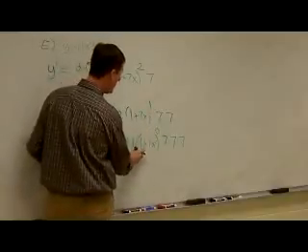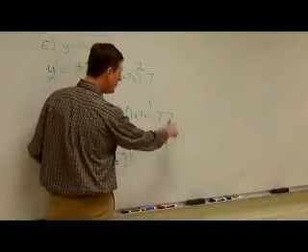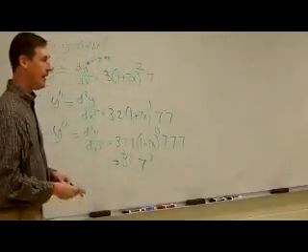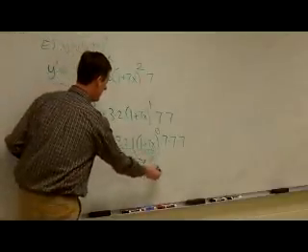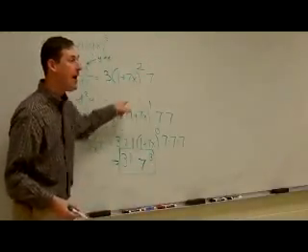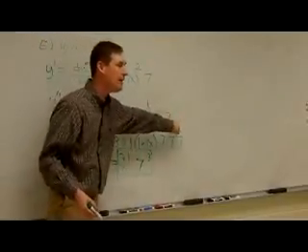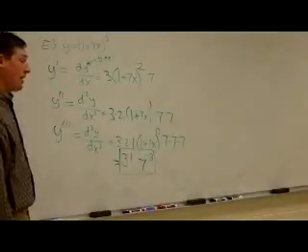Anything to the 0 power is 1, drop it out. And 7, we have 3 chain rules, so it's 7 to the 3, that's the exponential part. And that is the nice pattern of the third derivative right there. Okay? When you break down powers over and over and over again, they get lower and lower, so you create a factorial and you create an exponential. Okay? There you go. Nice stuff.